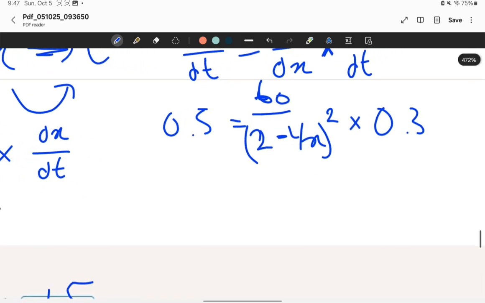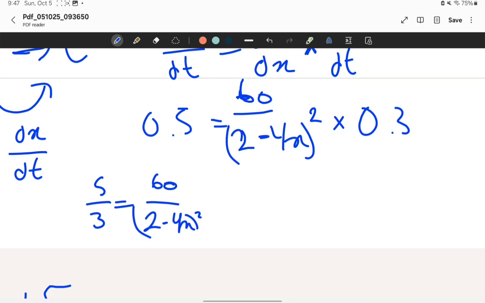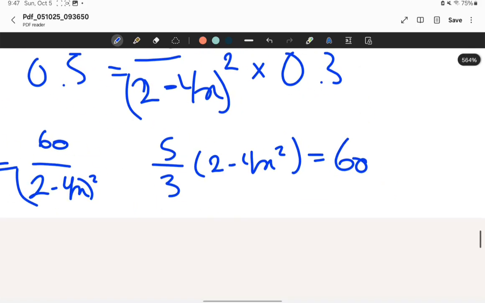Okay, so you take 0.3 to the other side, it's going to be 5 over 3 equal to 60 over 2 minus 4x squared. You can then take this, so 5 over 3 times 2 minus 4x squared equals 60. And then divide by 5 over 3 on both sides.